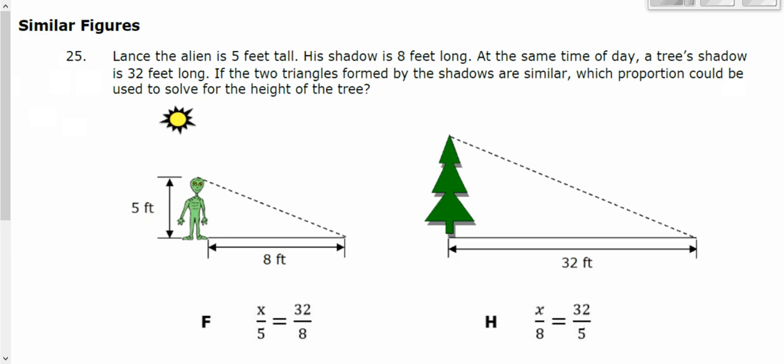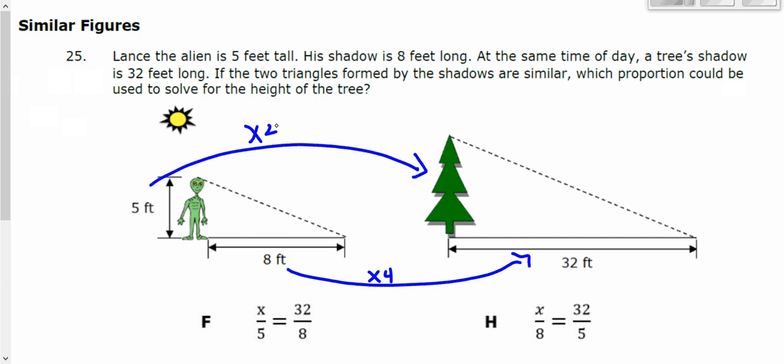Number 25, Lance the alien is 5 feet tall. His shadow is 8 feet long. At the same time of day, a tree shadow is 32 feet long. If the two triangles formed by the shadows are similar, which proportion could be used to solve for the height of the tree? Okay, so our minds might immediately go to that 8 times 4 is 32, and that 5 times 4 should get me my answer of 20.